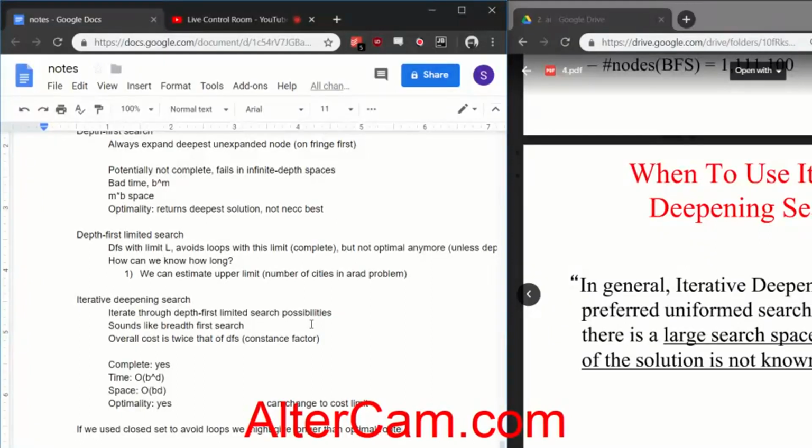There are many cases where actually that doesn't quite apply. Or rather, we're looking at it from the wrong point of view. That exponential cost comes from looking at it from the point of view of exploring a search tree. But if, for example, we are using a breadth first search and we are using a closed set to avoid visiting repeated states, then how many times can we visit a state?